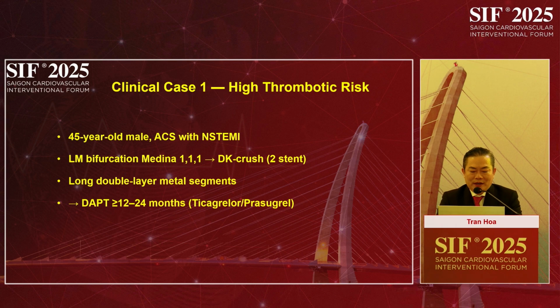I will show you the first case with high thrombosis risk. This is a young man with ACS, non-STEMI, with left main bifurcation 1-1-1. Because the patient is very young, we have to optimize the technique with DK crush two-stent.